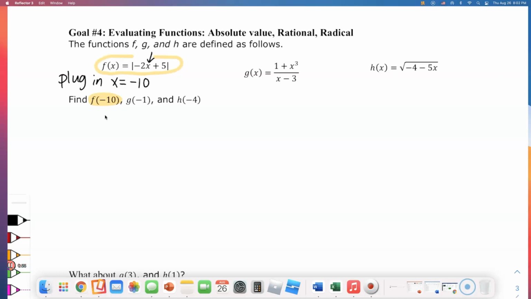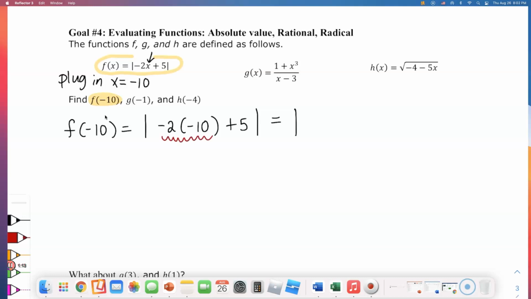That's going to be f of -10 equals absolute value of -2 times -10 plus 5. -2 times -10, negative times negative is positive. So 20 plus 5 will give us 25. And absolute value of 25 is just 25 because 25 is 25 away from 0. Okay?